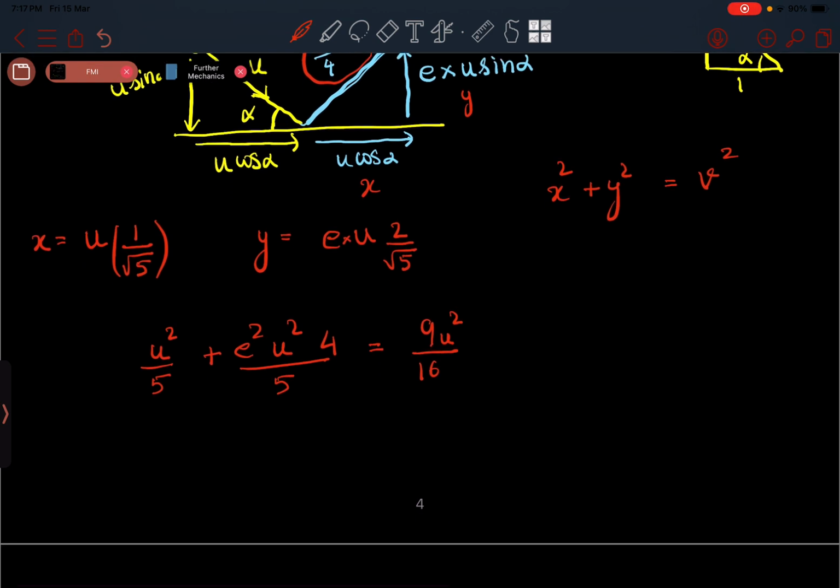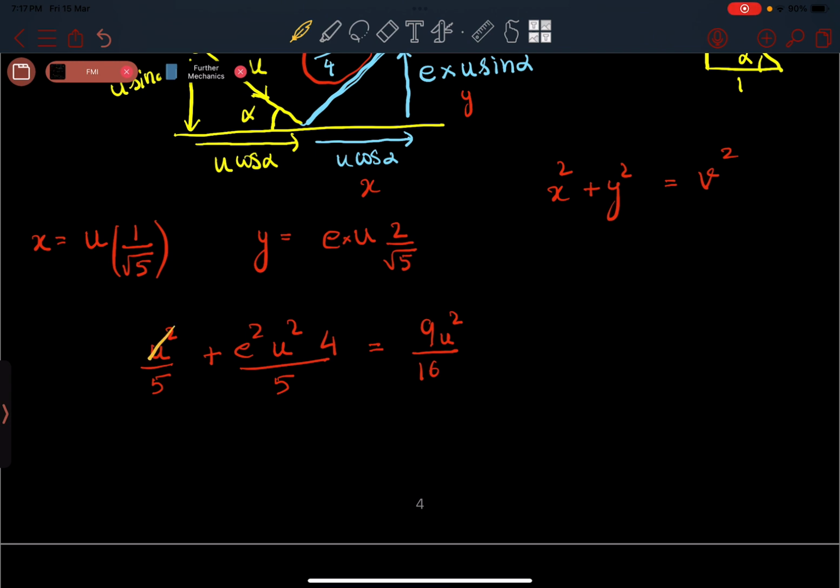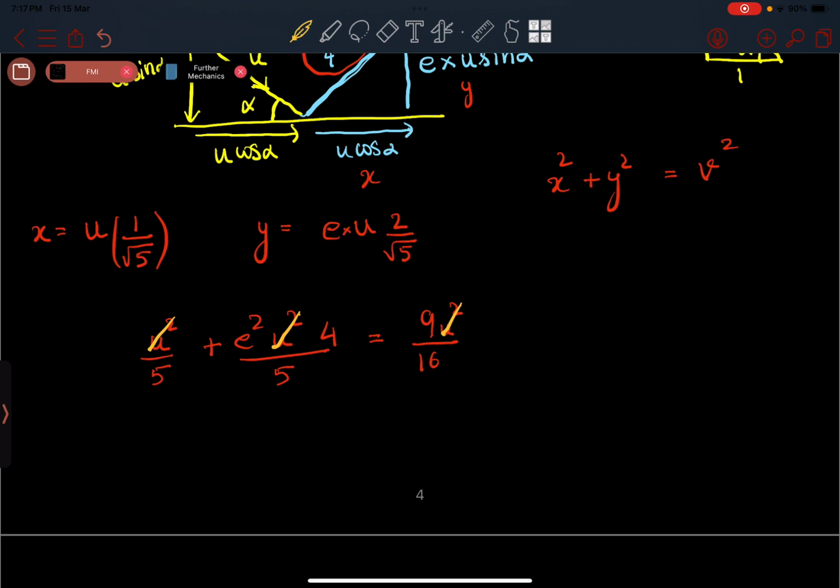So we could cancel out the u squared from all of them. So u squared's gone, u squared gone, u squared gone. So we now have 1 over 5 plus 4e squared over 5 equals 9 over 16.